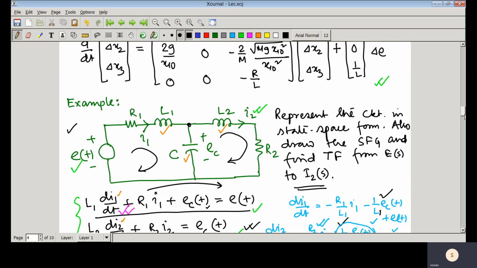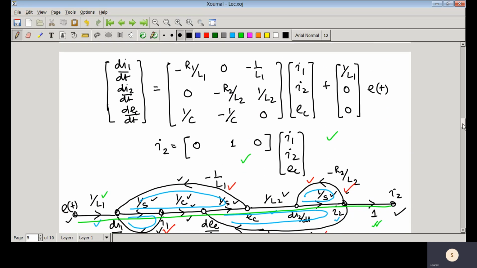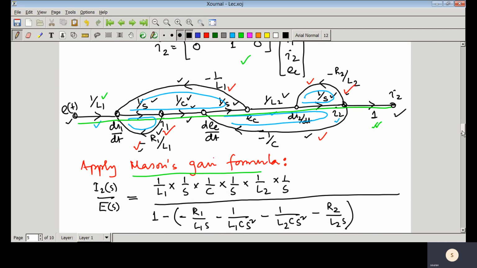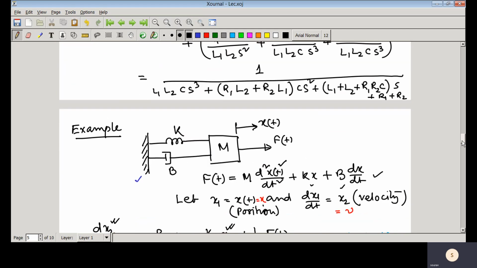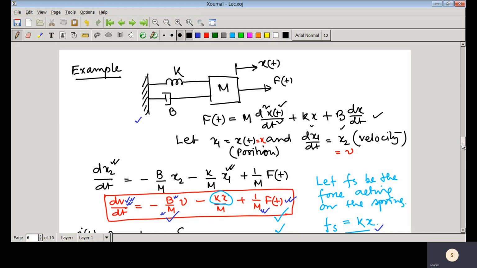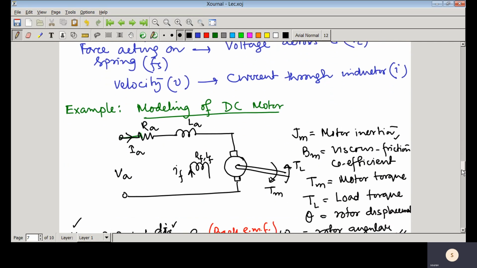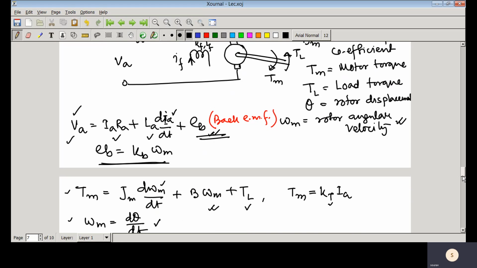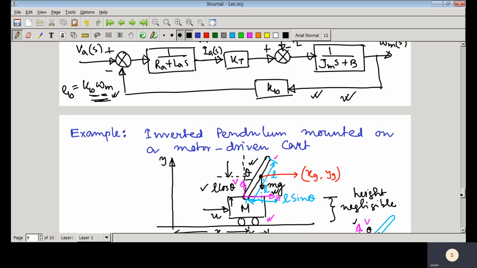Then we took a simple RLC circuit, and from there we got the state space model as well as the signal flow graph, and from there the transfer function using Mason's gain formula. Then we drew the analogy between mechanical and electrical systems, modeled the DC motor, and the last one we did was the inverted pendulum mounted on a motor driven cart.